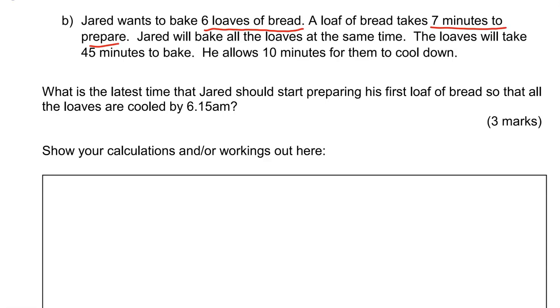So 6 times 7, that gives us 42 minutes to prepare them. As he will bake all of them at the same time, it will take 45 minutes to bake.